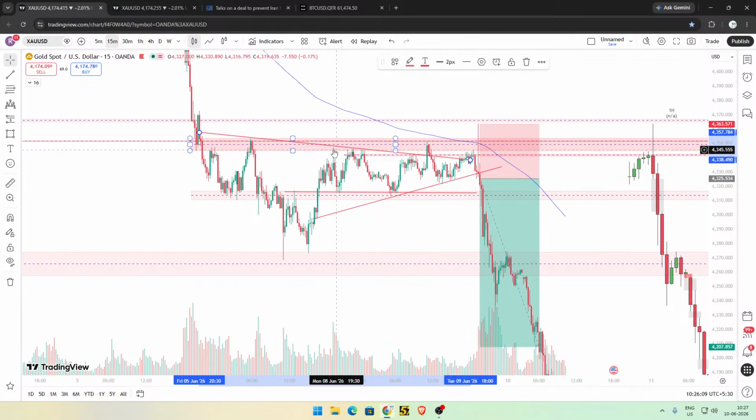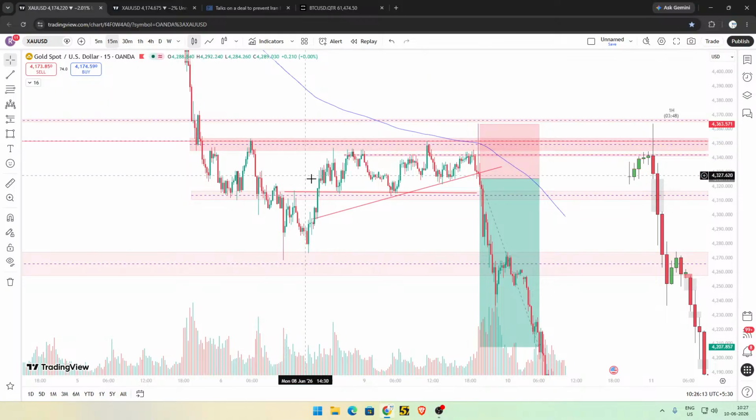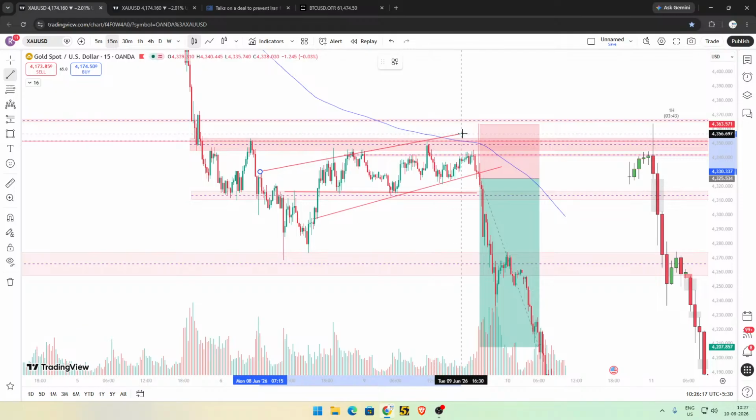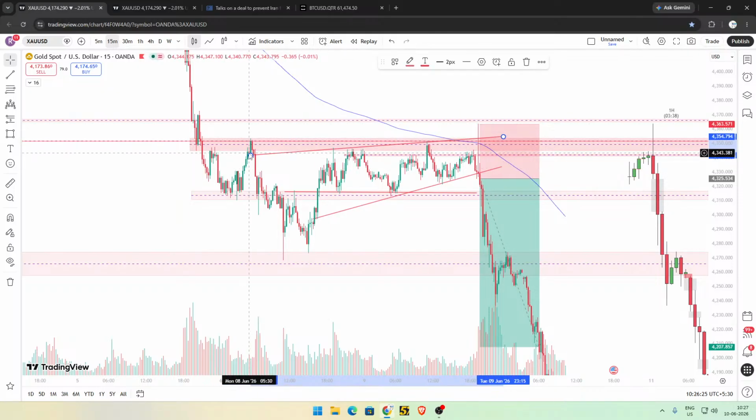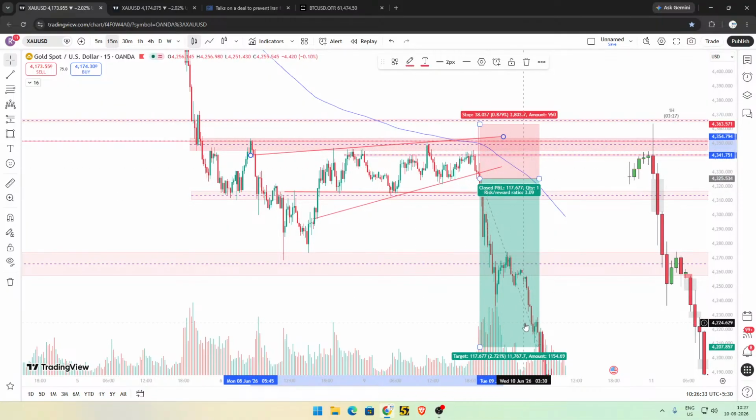But as you can see over here, you can see there is a formation of a kind of wedge pattern. So the wedge pattern got activated, that is why you get 1:3.